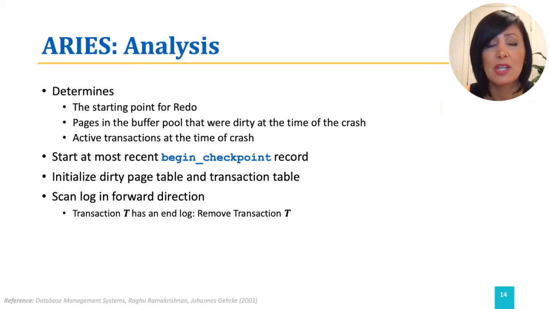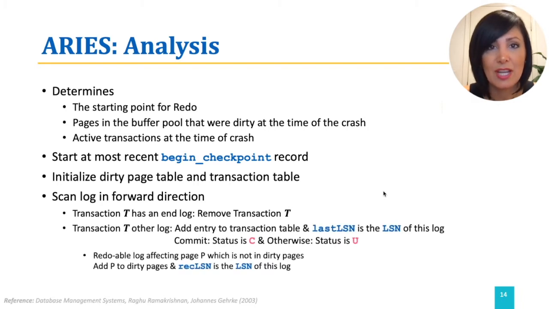If a transaction has any log other than the end log, it adds the entry to the transaction table and sets the last LSN to the log sequence number of this log record, because it is the most recent log for that transaction. If the transaction is a commit transaction, it is marked to show that there is no need for undoing it. Otherwise, it is marked for undo phase.